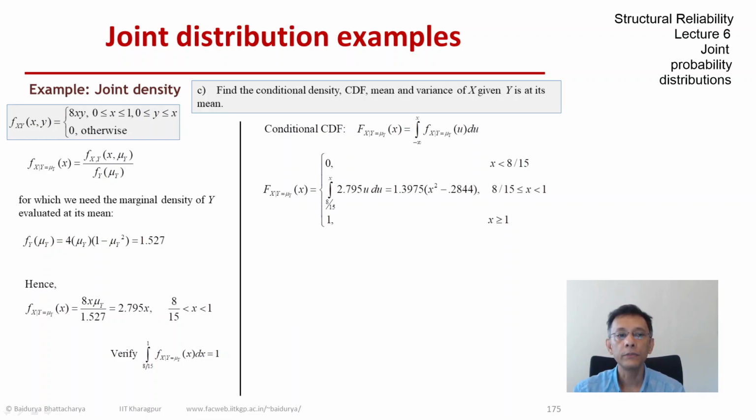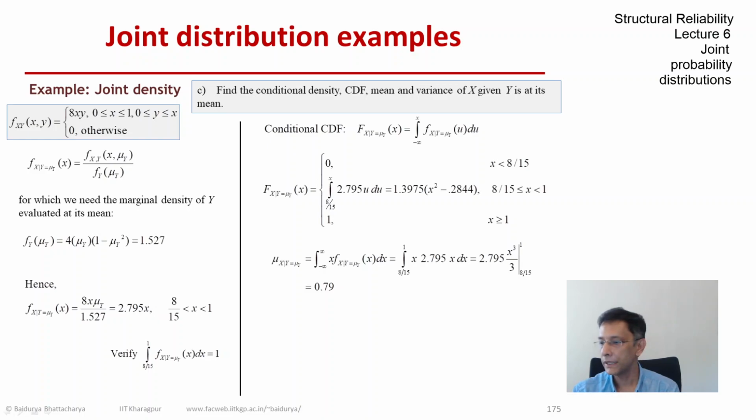Finally, the conditional mean and the conditional variance of x given y is at its mean. So we again use the basic definition. The conditional mean is the integration of x times the conditional PDF, and if we do it carefully, it comes to about 0.79. For the conditional variance, we take the approach that it is the expectation of x squared conditioned that y is at its mean, minus the square of the conditional expectation of x, which we already have.